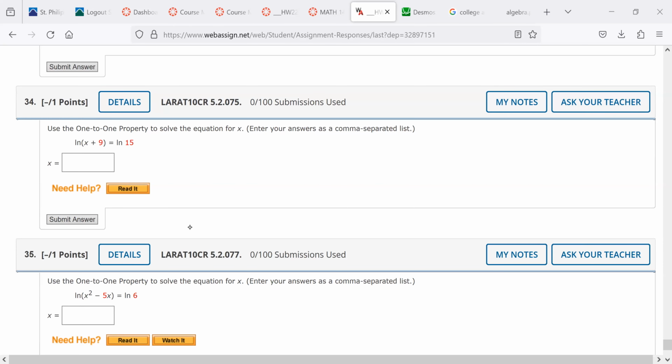So for both 34 and 35, introduce the e base to cancel. These are gone. So solve for x. Just make sure you test it to see if it works.